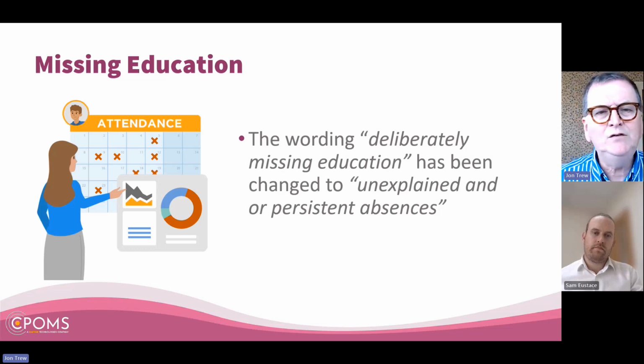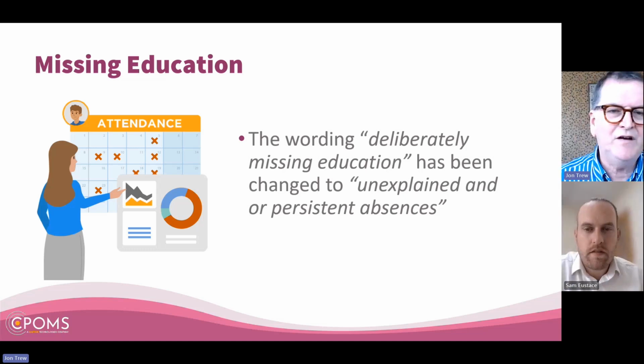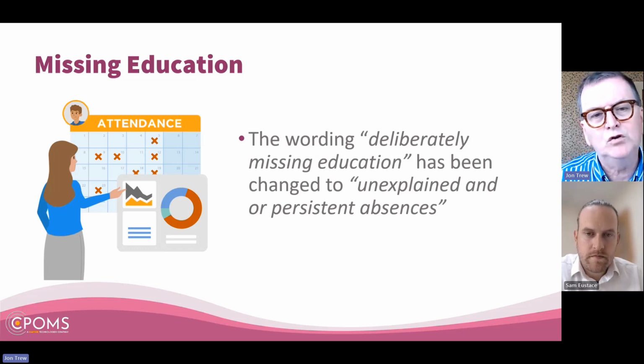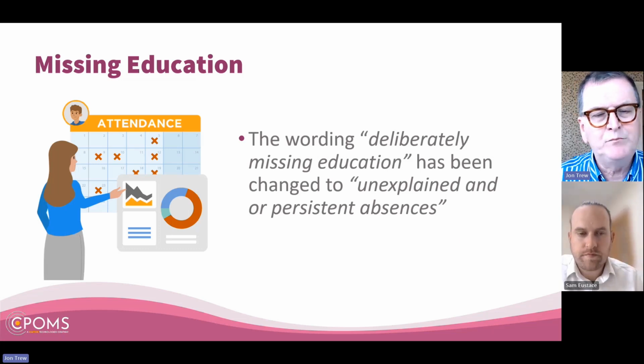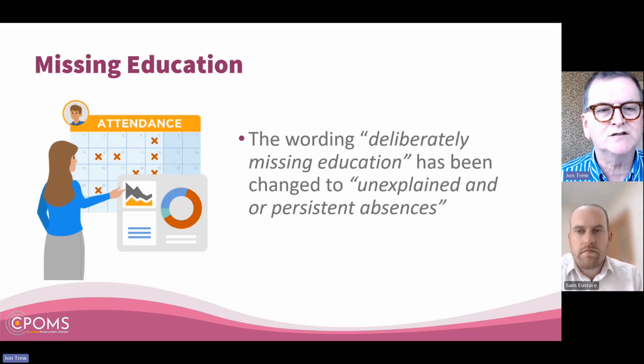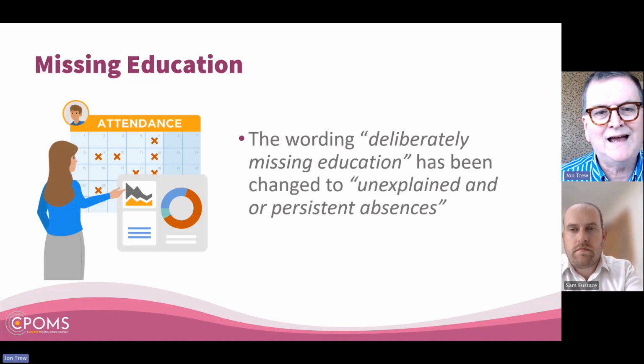And there may be many reasons why children are missing education, and the word deliberate is very loaded and might explain a few cases, but not all of them, particularly around mental health and the post-COVID world that we've seen and the effects on children and their ability to sustain attendance in school. So instead, those words have been changed to unexplained and persistent absences.